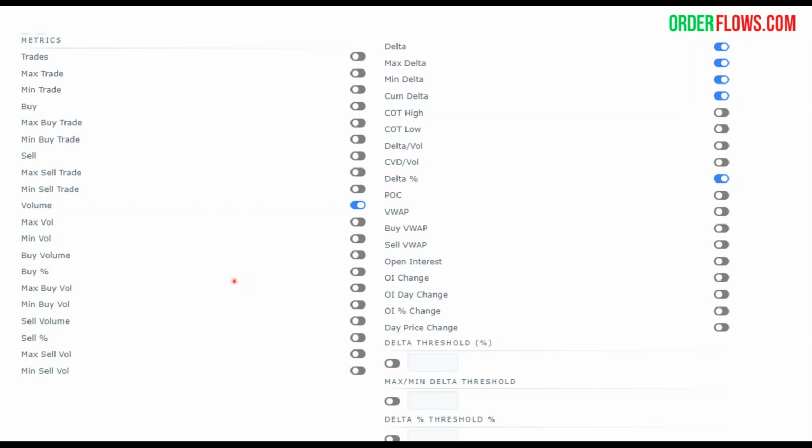I look at volume, delta, max delta, min delta, cumulative delta, delta percentage. But you could have the VWAP, what the buying VWAP was versus the selling VWAP. All sorts of stuff, right? The volumes, the percentage of volumes, the actual trades that were taking place, all sorts of information.